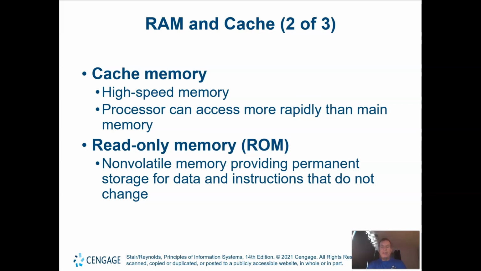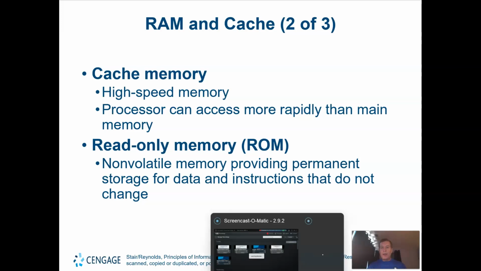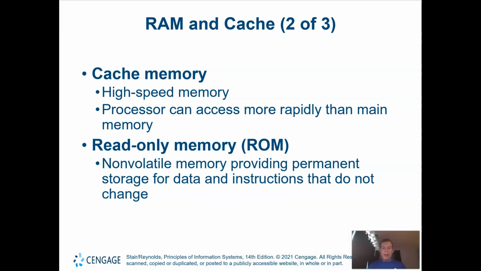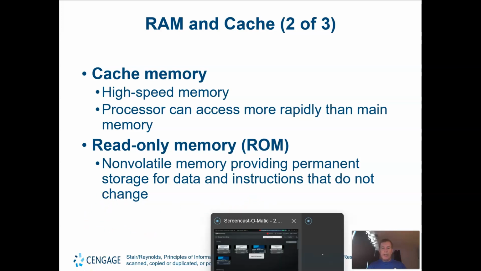Now, I did want to mention something about cache. Cache memory is a type of high-speed memory that a processor can access more rapidly than the main memory chip. And this is used to help ease a bottleneck along the way. So I like to mention cache. People, from a security perspective, do get concerned.